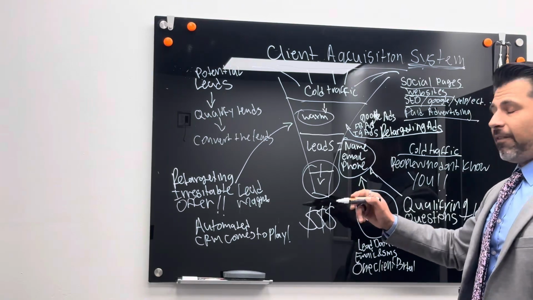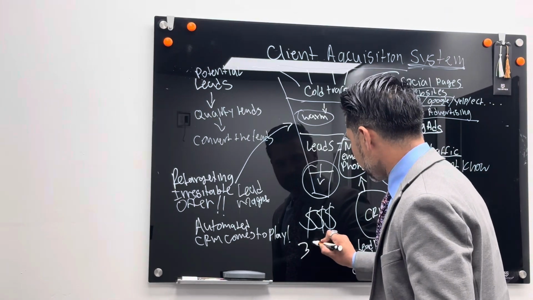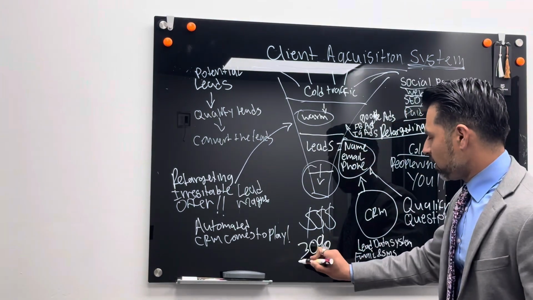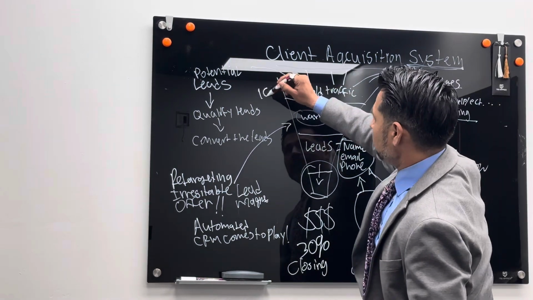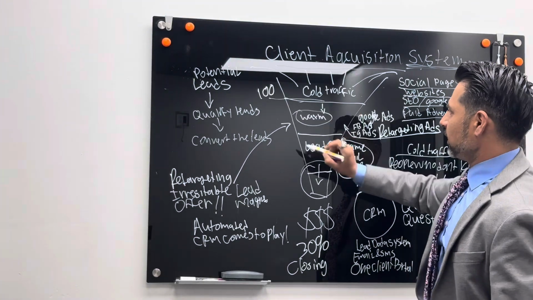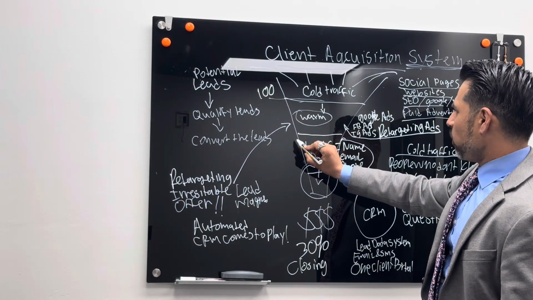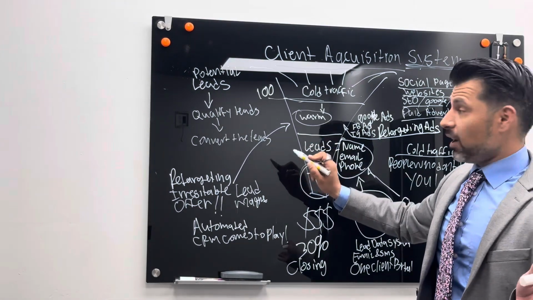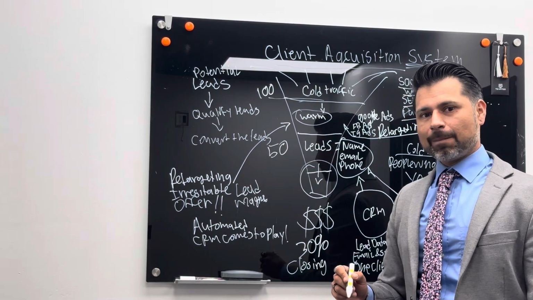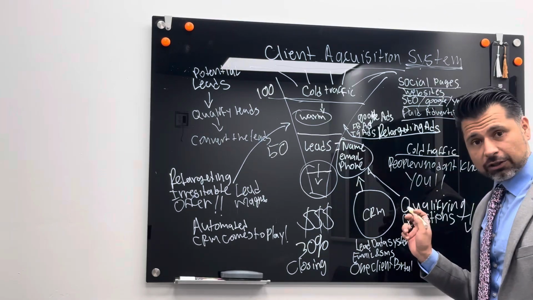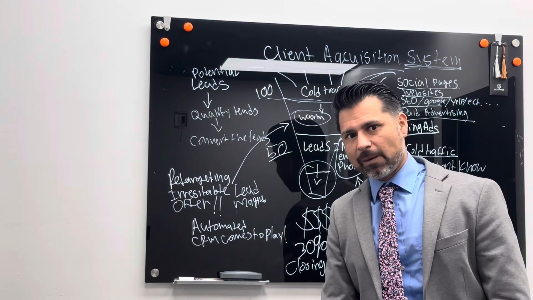Now, if you're a great closer, most great closers close at 30%. Say you have 100 leads that came inside your cold traffic. Then you warm them up and you qualify them, and now out of those 100 leads, only 50 are qualified to do business with you, because you send them those questions, and you realize that only 50 are able to do business with you, right?